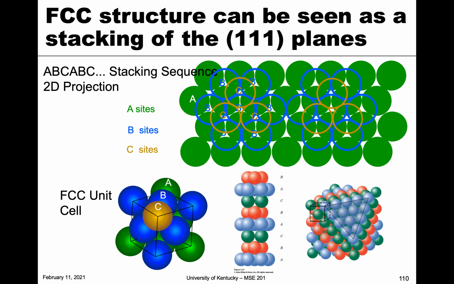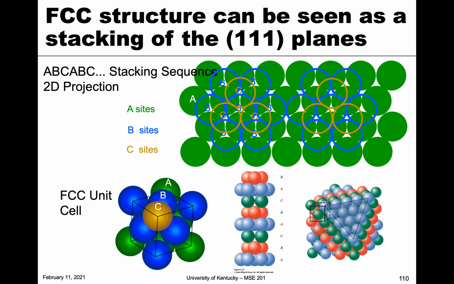And so we can show it in a number of different ways. If we want to show larger amounts of the structure, you can see that here and here. So this is just a way of representing the FCC structure with just stacking of the close packed plane.